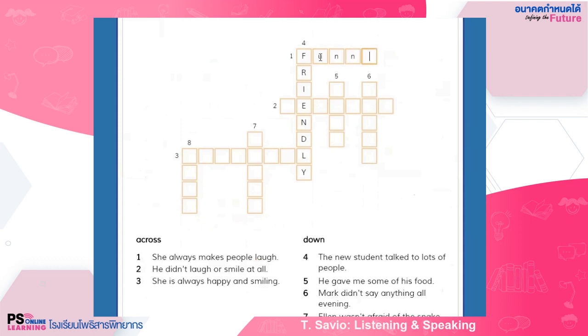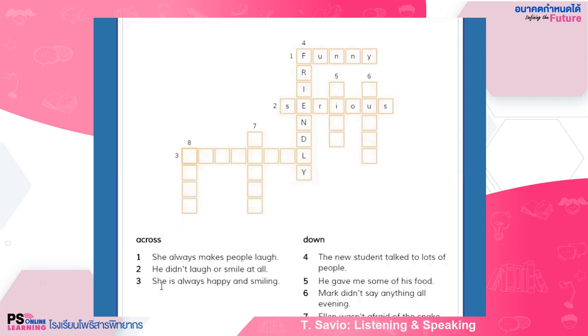Someone who is funny. Number 2, he didn't laugh or smile at all. Someone who doesn't laugh is called serious. Someone is serious. He didn't laugh or smile at all.